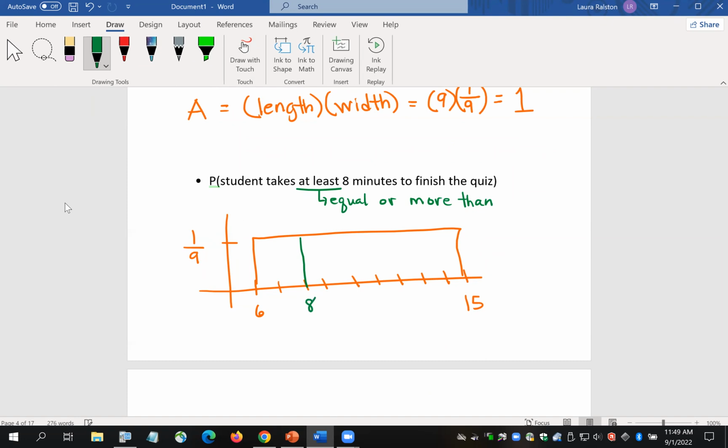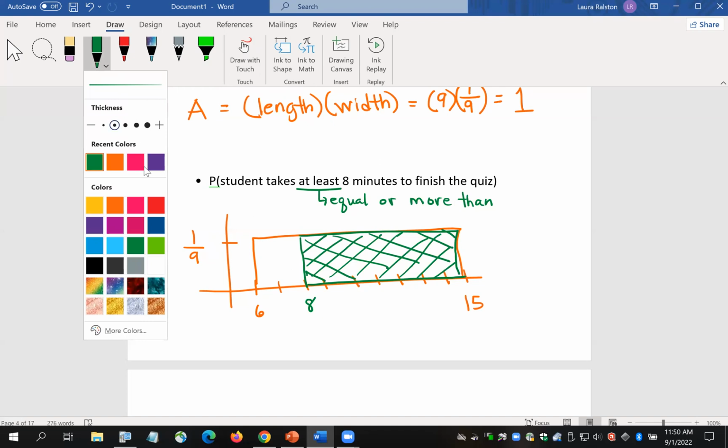So I can have from 8 all the way up to 15 minutes. And so what I really am looking for is this area of this green thatched region. Even that green thatched region, guys, is a rectangle.